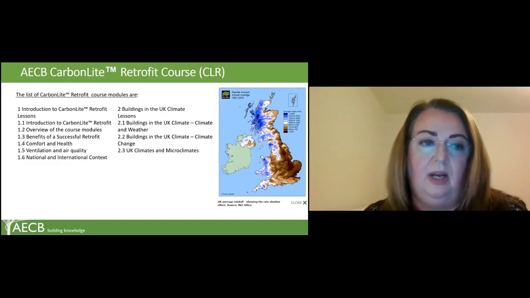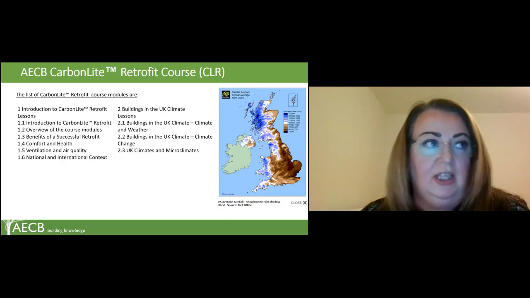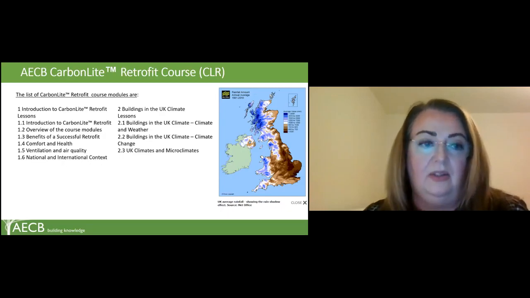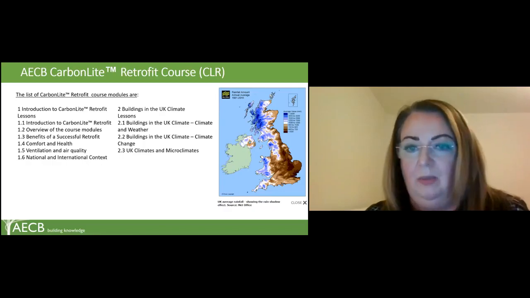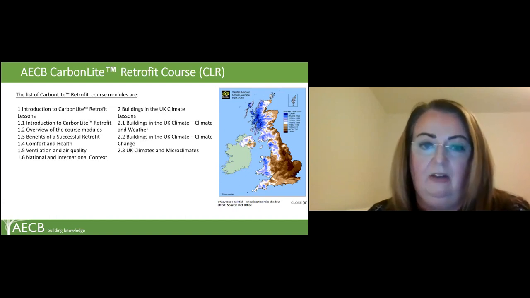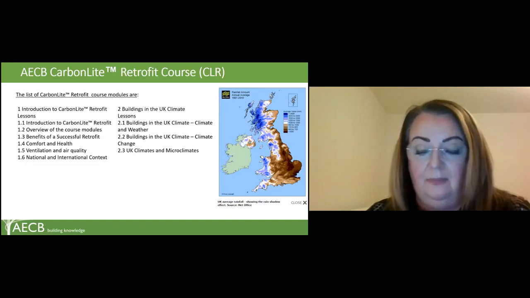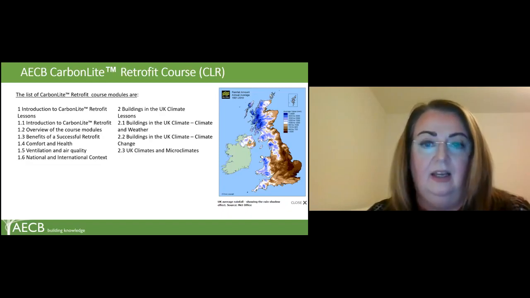So it's about skilling people up, about people being comfortable and healthier in their homes, fuel poverty, reducing pollution within the house, having proper air quality, and then looking at that in the context of the weather of the UK, because not one thing fits all, and the siting of buildings is very different in what we should do when we're designing the measures that we should do in a retrofit.